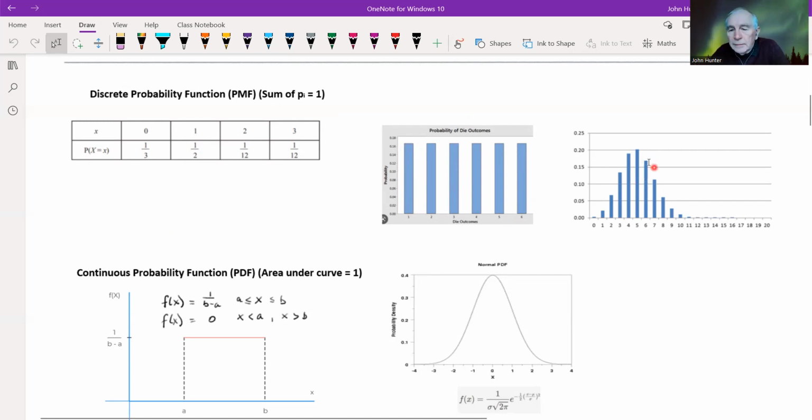And then here's one a bit more sophisticated, perhaps. This is a random variable that can take 21 different values, from 0 up to 20 inclusive. The length of this line vertically gives the probability of the random variable taking that value.